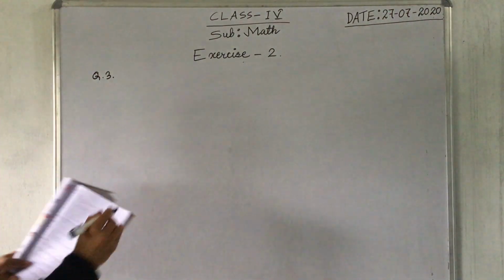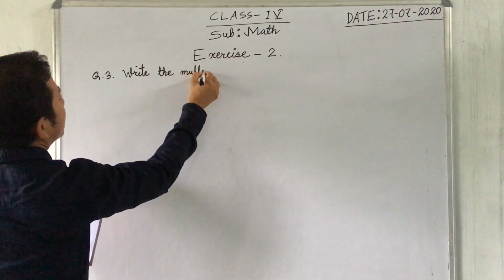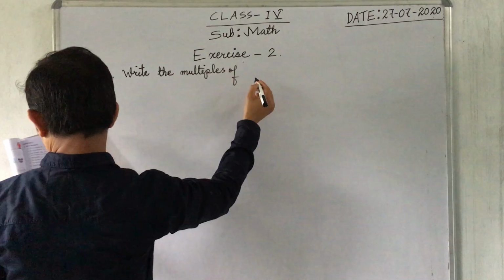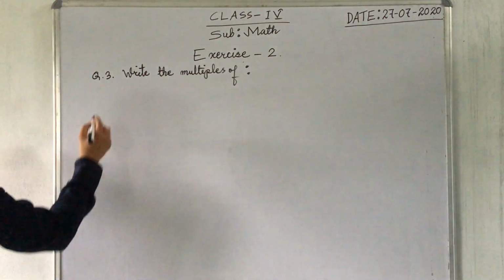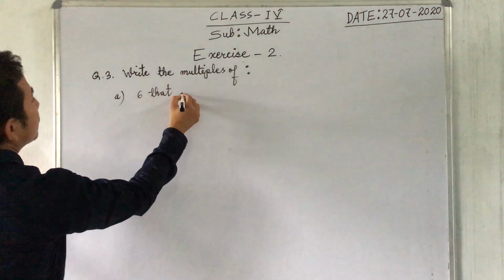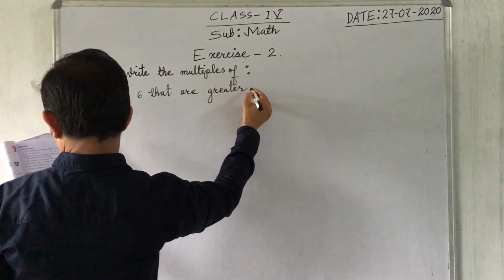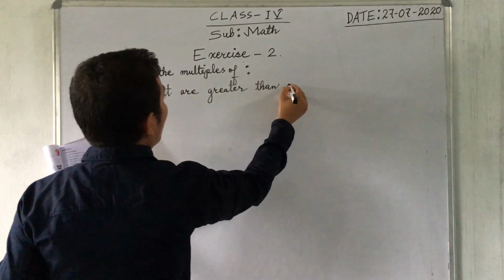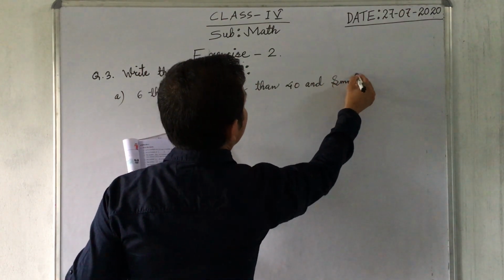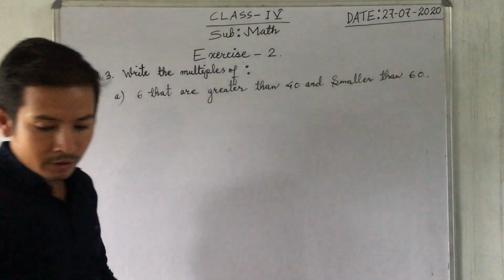Question number 3 is, write the multiples of 6 that are greater than 40 and smaller than 60. Okay, this is question number A.